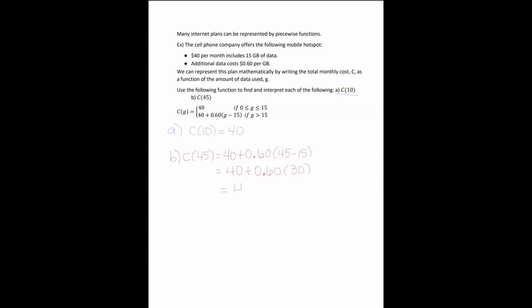So 40 plus 18, which gives us, if we go over our plan, which was 15, and we go over it to 45, we're going to spend $58. That's all that a piecewise function is. You just look and see where this number falls. If it falls within this one, you use that function. If it falls within this one, you use that function. That's truly how simple they are. It's one of the easiest problems you'll do in college algebra.